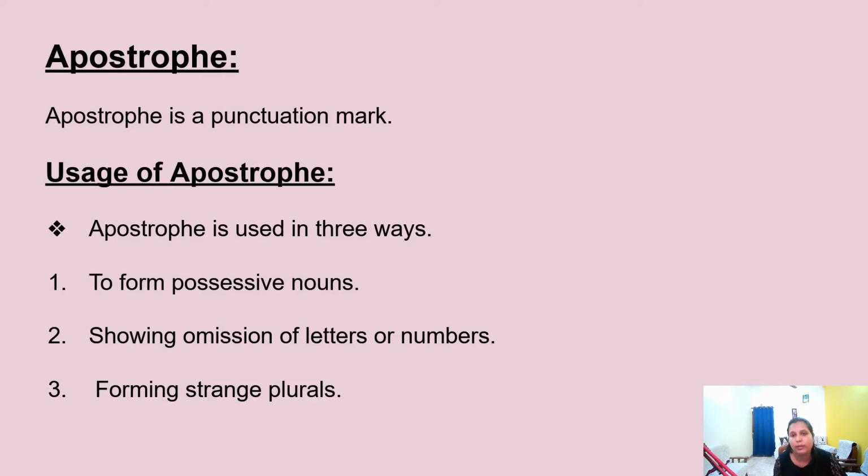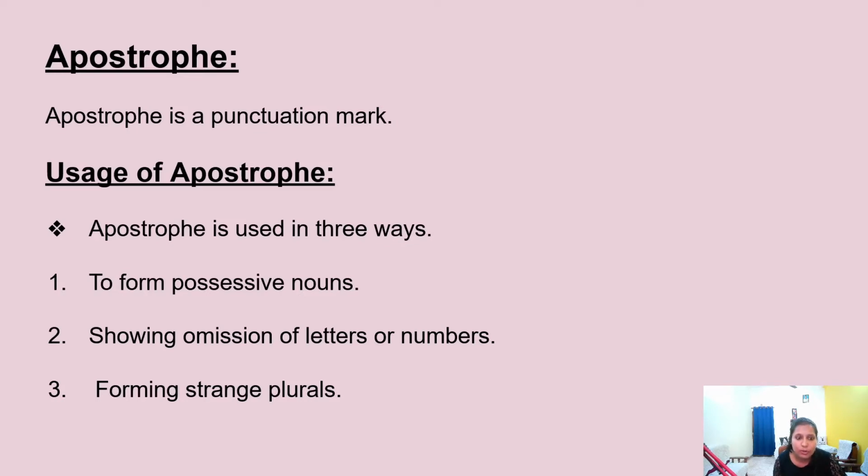We already read about different punctuation marks in our previous videos, isn't it? Like comma, semicolon, question mark, full stop, inverted commas, dash, parenthesis. So many punctuation marks we learned, isn't it? So today we will learn the exact usage of apostrophe.